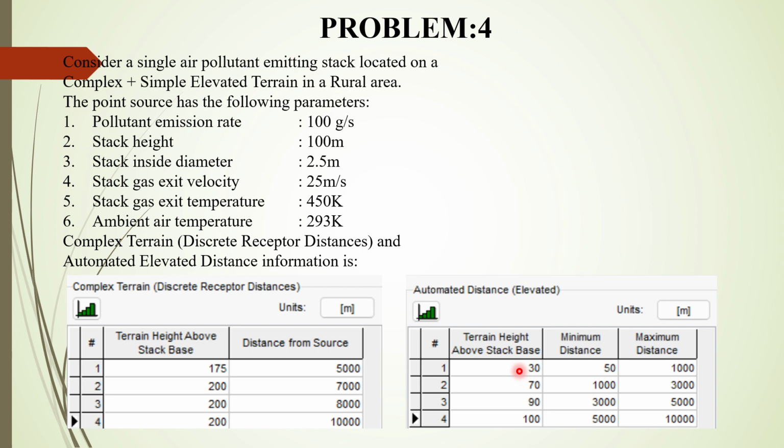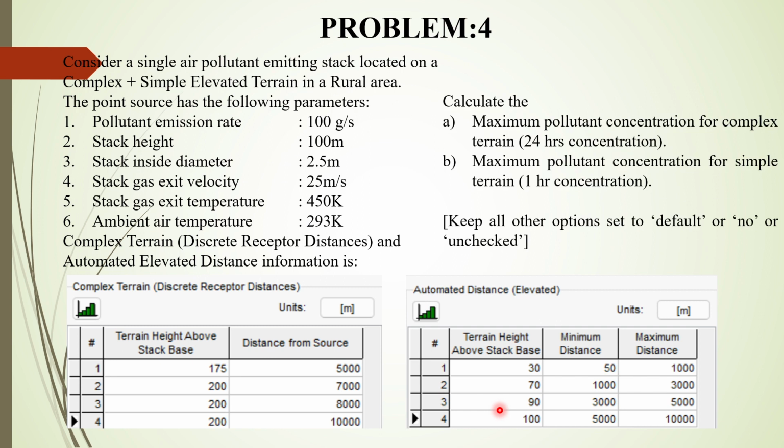From 1 kilometer to 3 kilometer it is 70 meter. From 3 kilometer to 5 kilometer it is 90 meter, and from 5 kilometer to 10 kilometer terrain height is 100 meter. And as we know, for the elevated terrain, the terrain height must be less than or equal to the stack height.